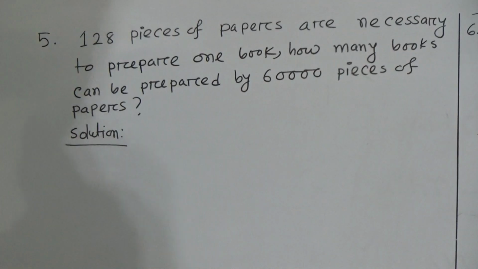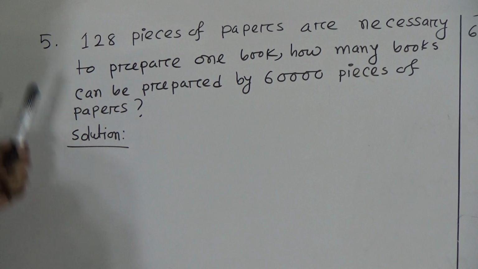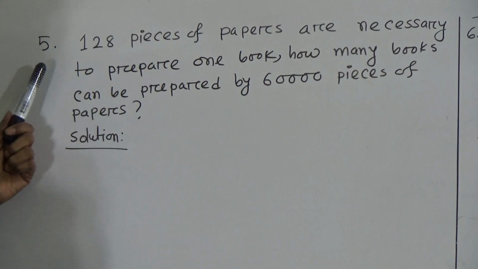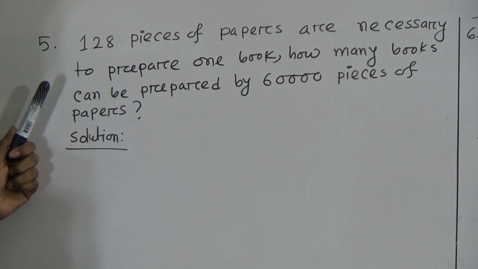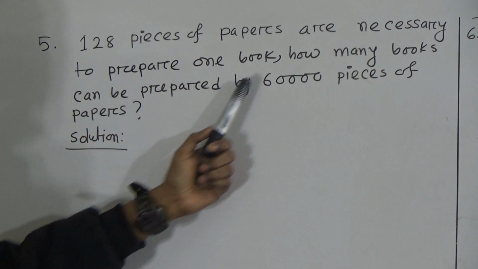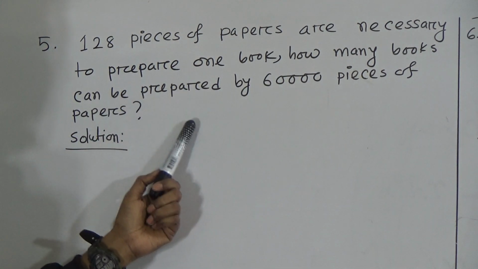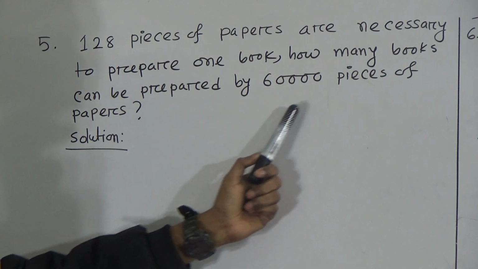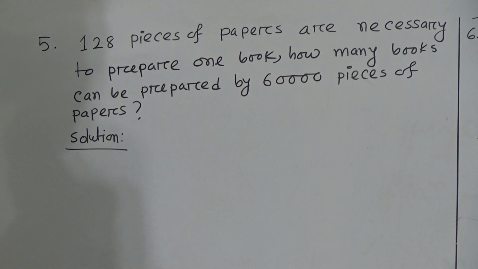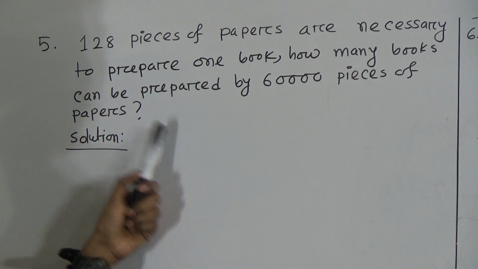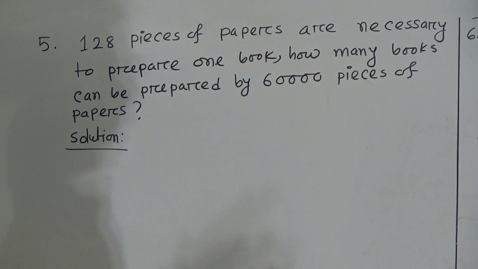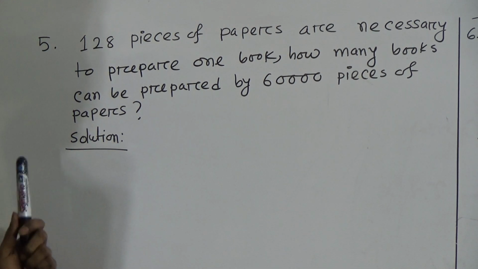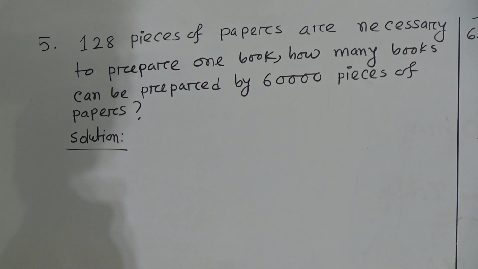Let's start. Look, question number 5. 128 pieces of paper are necessary to prepare one book. How many books can be prepared by 60,000 pieces of paper? Student, notice you can solve this word problem by using the unitary method, but I will advise you to solve it in the division method, which is related to chapter 2.